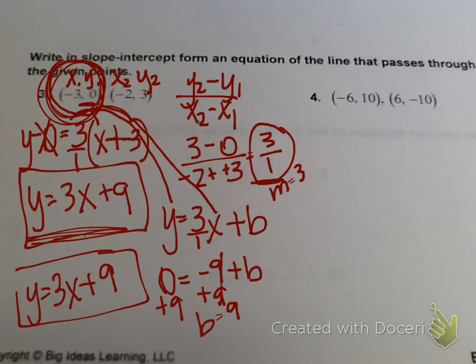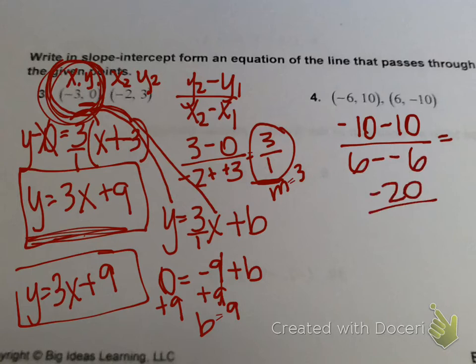So one more time, let's try this one. We need to find the slope, so negative 10 minus 10 over 6 minus negative 6 is negative 20 over 12, which is negative 10 over 6, or negative 5/3.